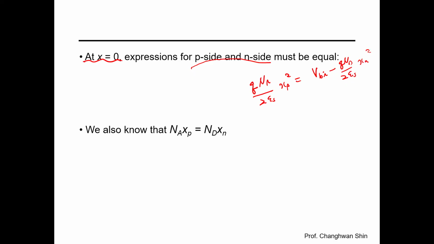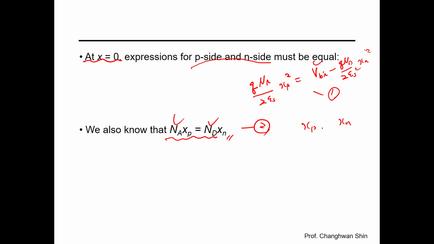We also know from our electric field continuity condition that NA times xp equals ND times xn. So these two equations allow us to solve for xp and xn in terms of the known parameters such as NA and ND, Vbi, and epsilon s.